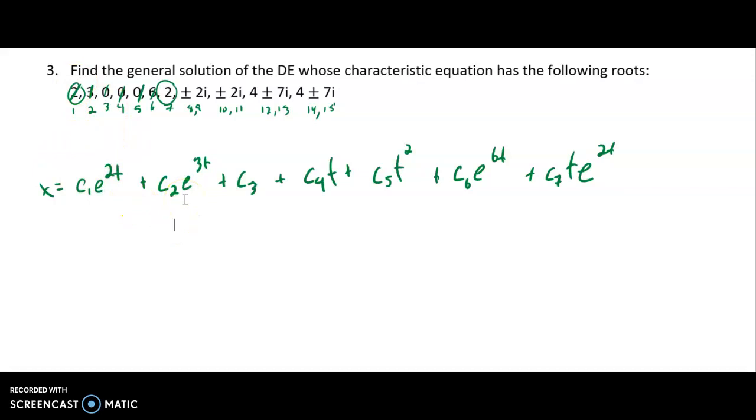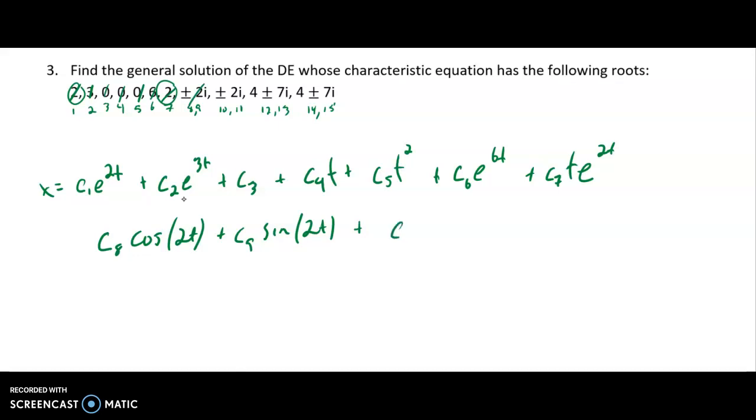Now, plus or minus 2i. You should know that that gives me plus c8 cosine of 2t plus c9 sine of 2t. Okay, so we did that. Now we got some linear dependence going on here again. We have repeated roots.